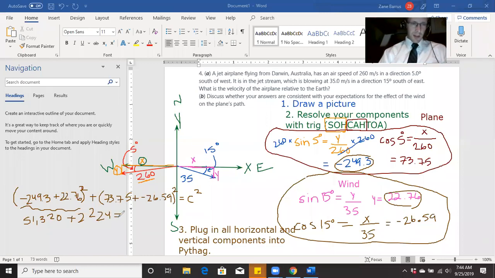That's equal to c squared. So we're just simplifying as we go. If I add those two numbers together, c squared is equal to 53,544. Let's square root to get c by itself, and I get that c is about 231 meters per second.